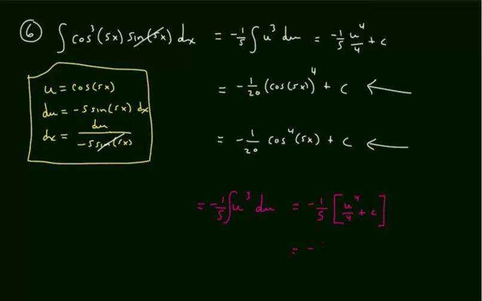Then I distribute the -1/5, and then technically I would have a -1/5 c. And the reason I don't write it like that is because -1/5 c itself is just another constant. That's why these constants just get tagged along at the end.